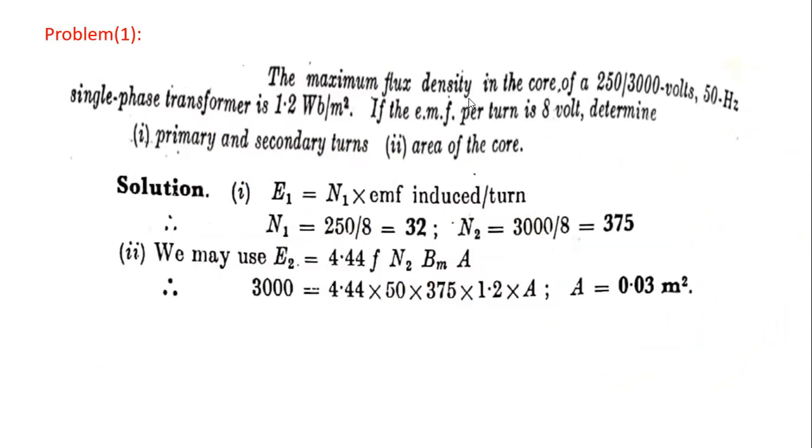The maximum flux density. What is meant by maximum flux density? Let's write down the given data. φm is the maximum flux. Bm is the maximum flux density.